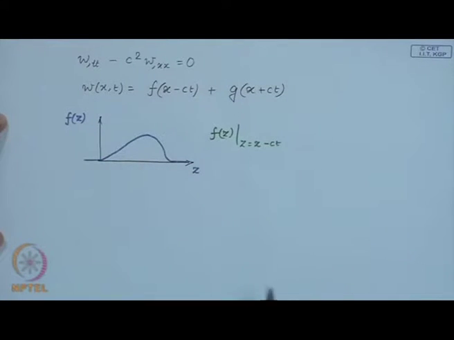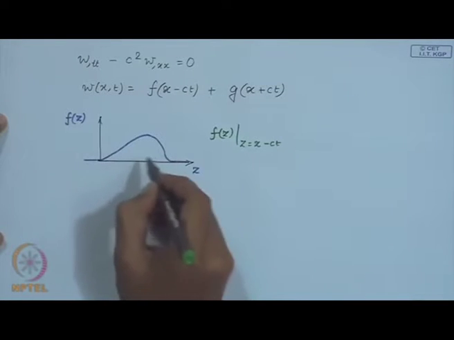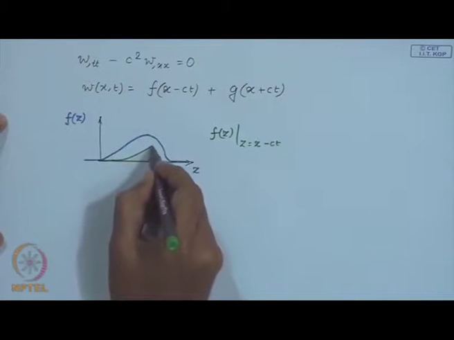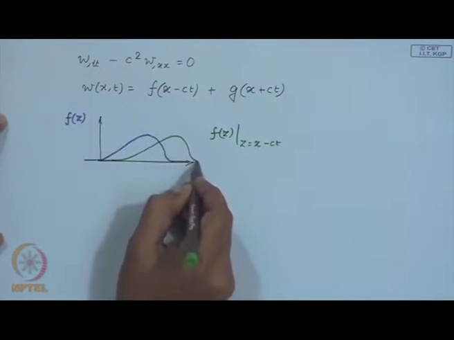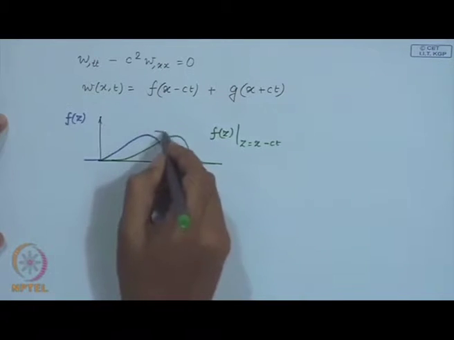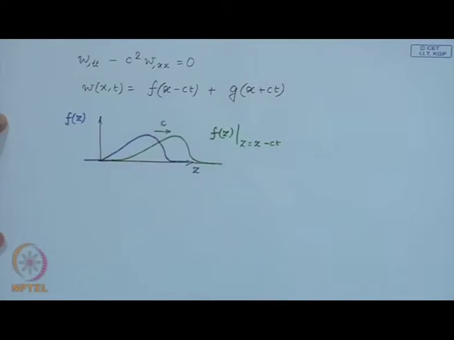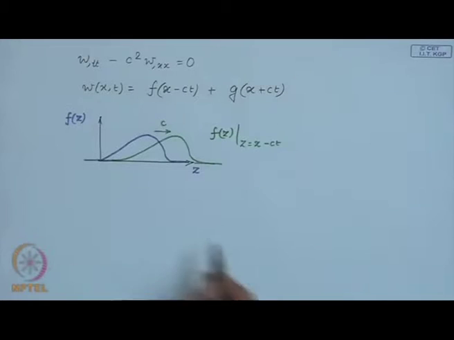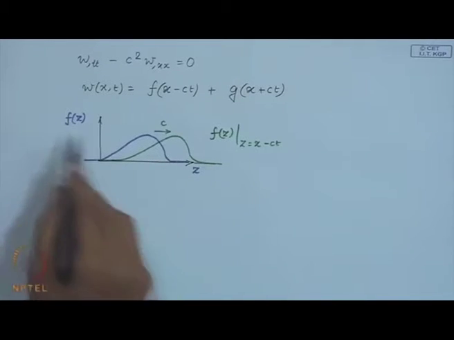As time progresses, this pulse travels in the positive direction at a speed c. So, let us look at this form of the pulse f(z).